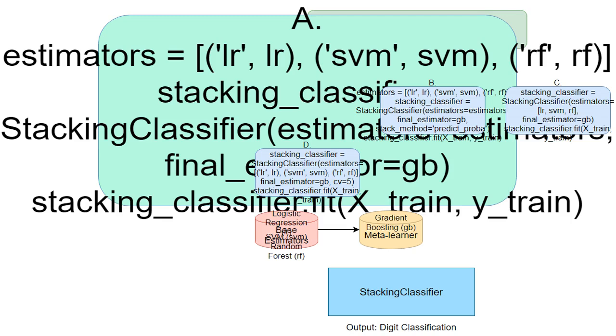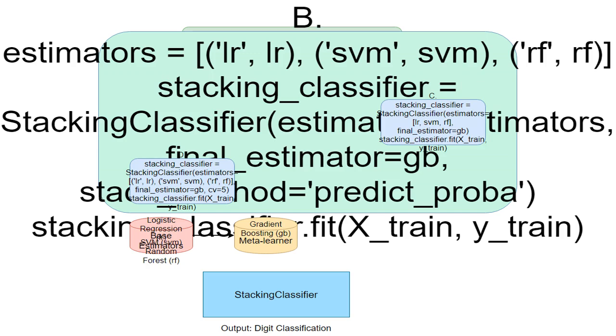Here, I define a list of base estimators, logistic regression, LR, support vector machine, SVM, and random forest, RF, each paired with its name. Then, I create a StackingClassifier using these base estimators and gradient boosting, GB, as the final estimator. Finally, I train the classifier using the training data.